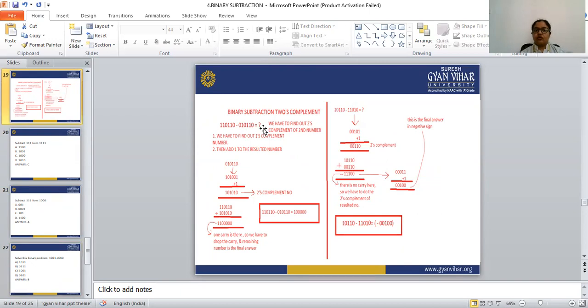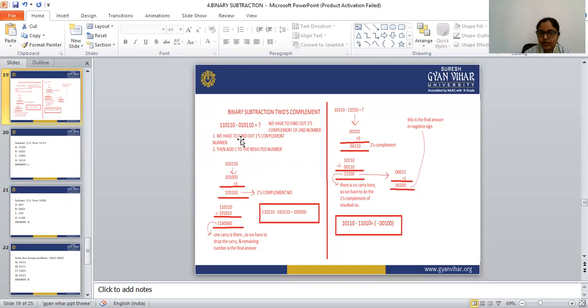First we have to consider the second number. The first step of this twos complement subtraction method is we have to find out twos complement of the second number. How can we find out twos complement of the second number? I have written that procedure here.